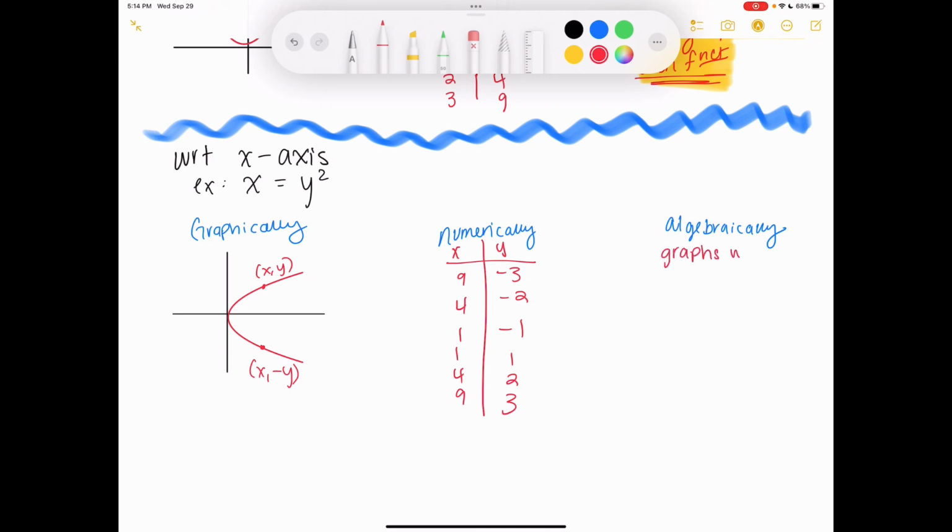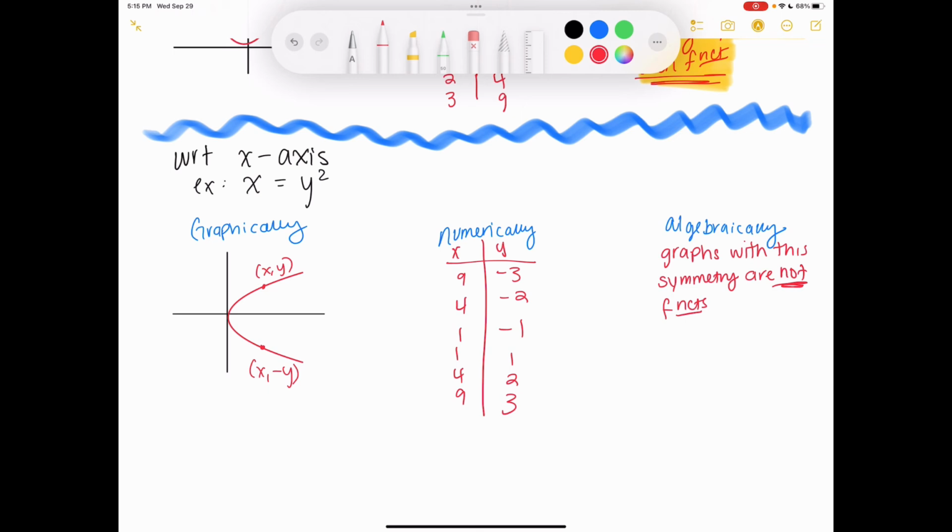Algebraically, graphs with this symmetry are not functions. Why are they not functions?